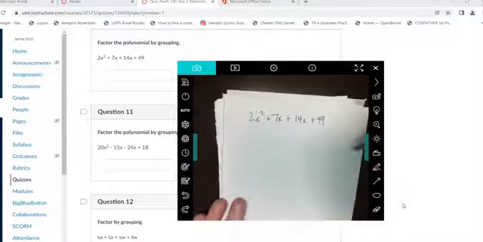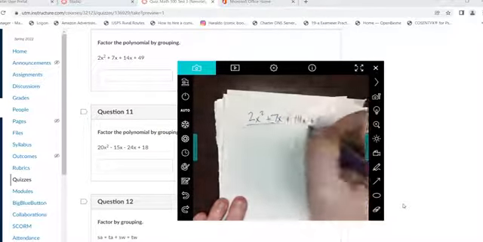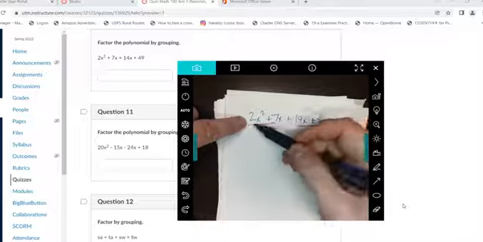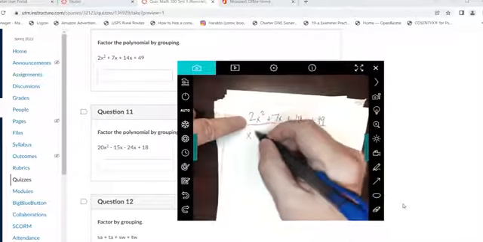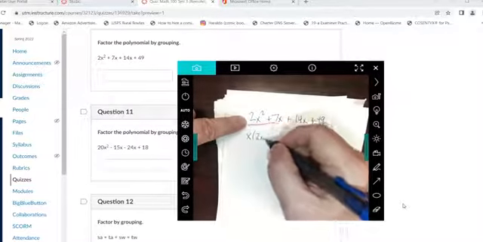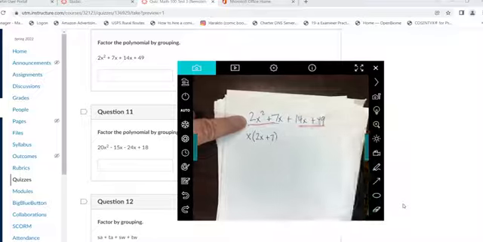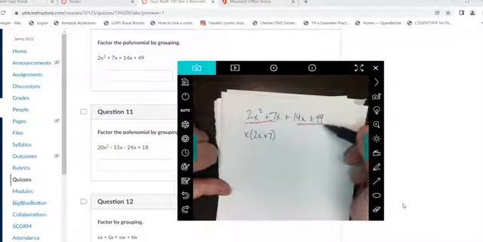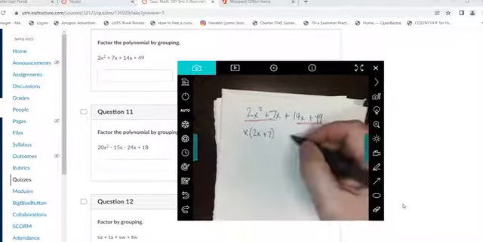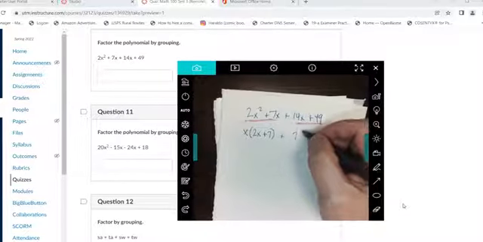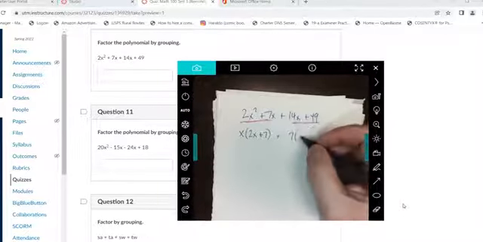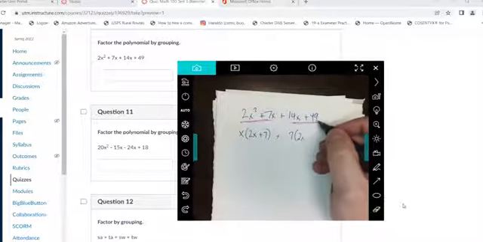So if I'm going to group these, I'm going to put them together like that. These have an x in common, so I'm going to factor it out. These have a 7 in common, so I'm going to factor that out. Now, when I factor out a 7 here, I'm going to be left with 2x, and when I factor out a 7 there.